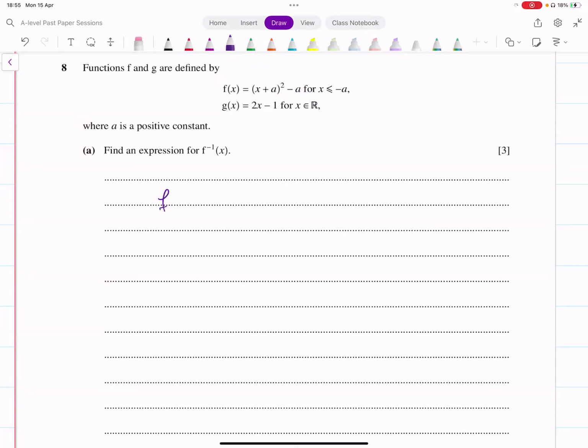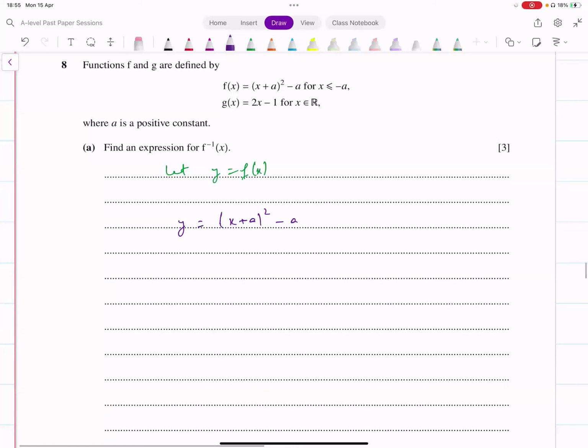So let's do this. How do you start? You start by assuming f of x equal to y. Let's see what that gives us. y equals x plus a whole squared minus a. Now, what do we get from this? We need to make x the subject now, right? So it becomes y plus a equal to x plus a whole squared.